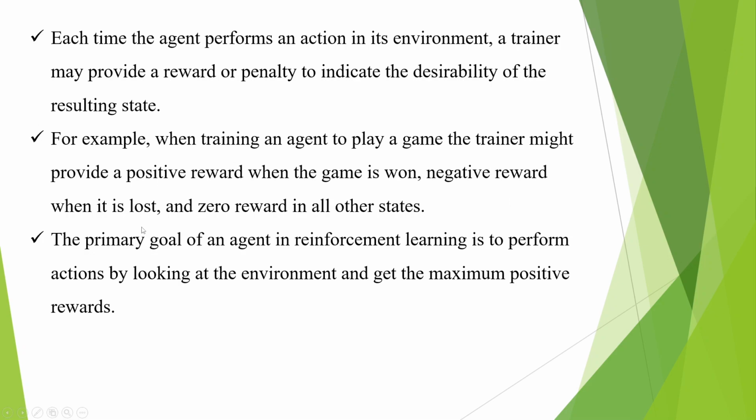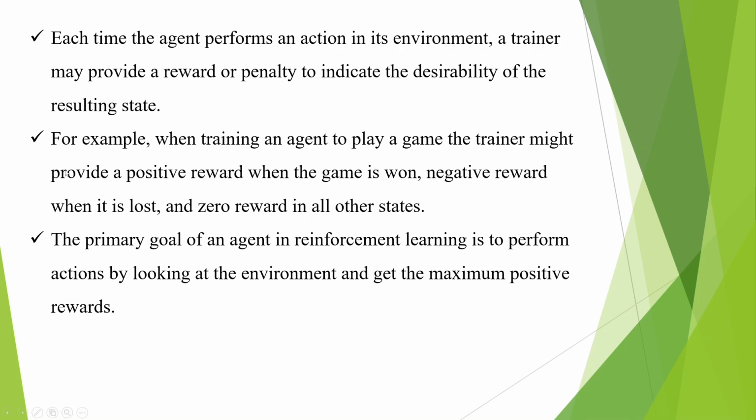If the agent loses the game, we simply give the penalty. Penalty is nothing but a negative reward. And when the game goes to a draw, we are not in a position to conclude that as a winning state or losing state, then we simply give the reward as zero.